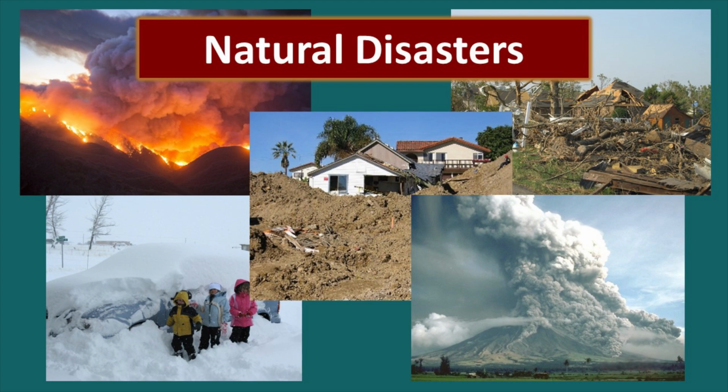Of course, one category is the natural disasters, things like wildfires, extreme weather, whether it's snowstorms or tornadoes, hurricanes, volcanoes, landslides. There's a whole series of these, and each area is going to have their own unique set. And if you're not sure which ones you should be planning for, you can talk to your local county or state disaster management agency.